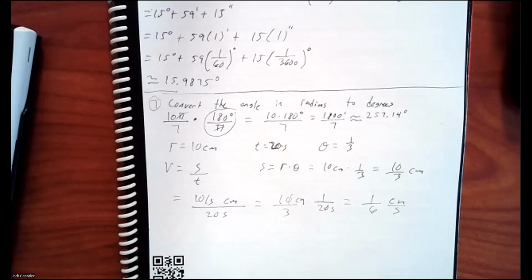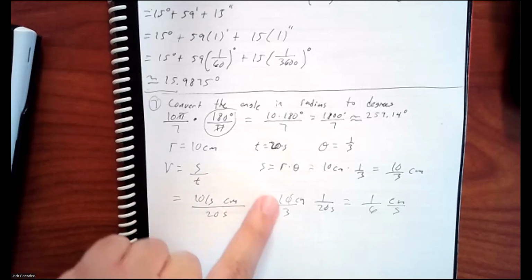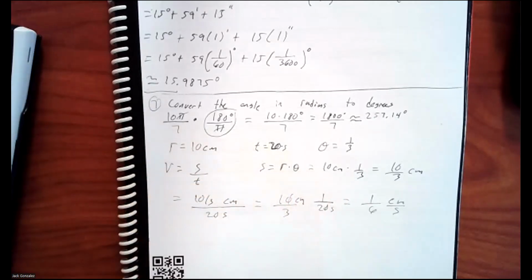Like if you had 20,000 over 10,000, you can just cancel all the zeros, so this is really just 2. That's all I did. The 1/6 is whatever's left over: 1/3 is left and a half is left, so you multiply those together, you get 1/6. So centimeters per second, and that's the option, I think A or B or something.